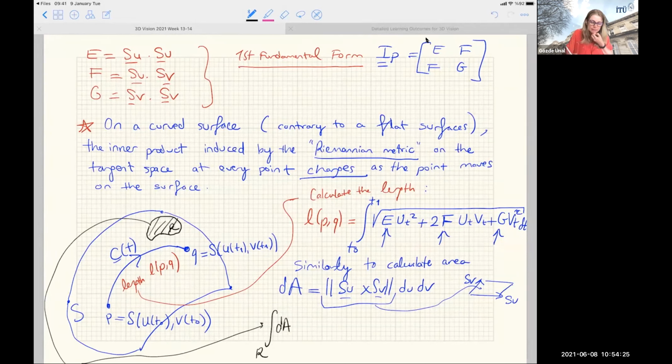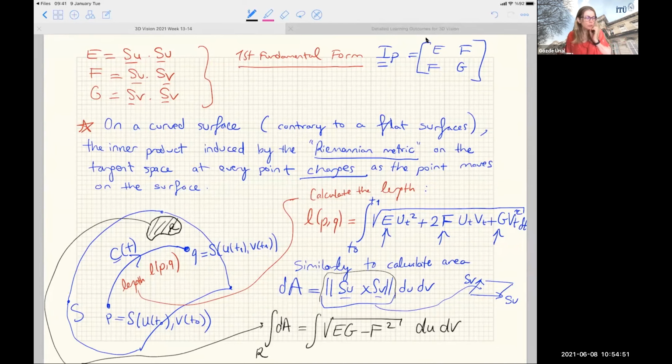By the way, this guy can be written in this way: EG minus F squared, in terms of the determinant of the first fundamental form. I think I had a derivation for this somewhere. Let's see, guys.